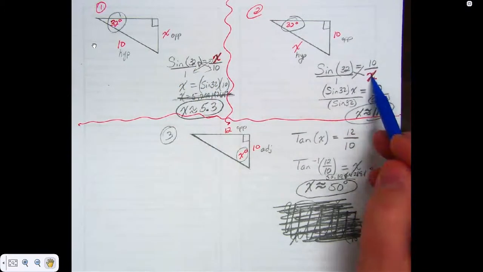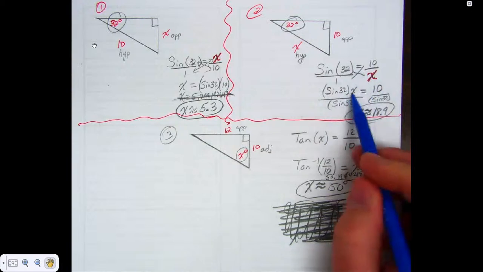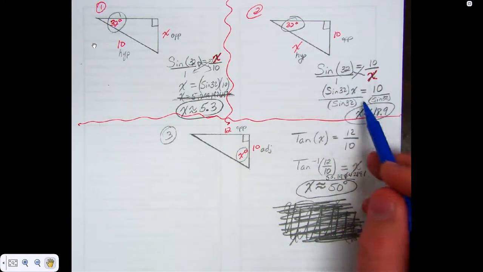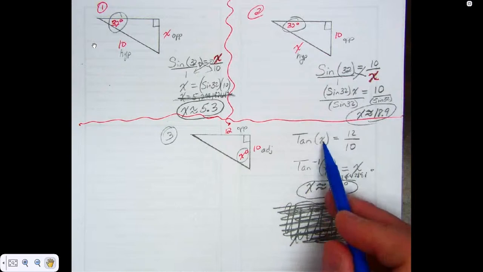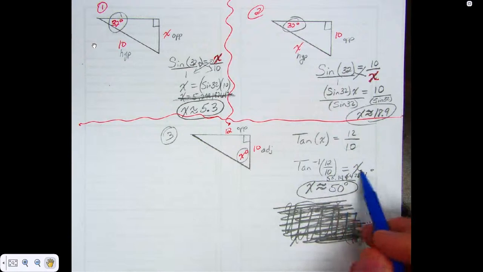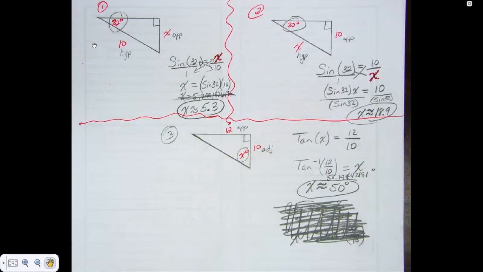When he got an X beside the sine here, he did what? Divided both sides by sine of 32, right? What in the world did he do when he had that? He brought whatever was over here, put it inside the parentheses, changed that to a -1, and put the X on the other side. So see, there are templates for you to do that, isn't there? Then hopefully you'll start understanding as you do that over and over, okay?